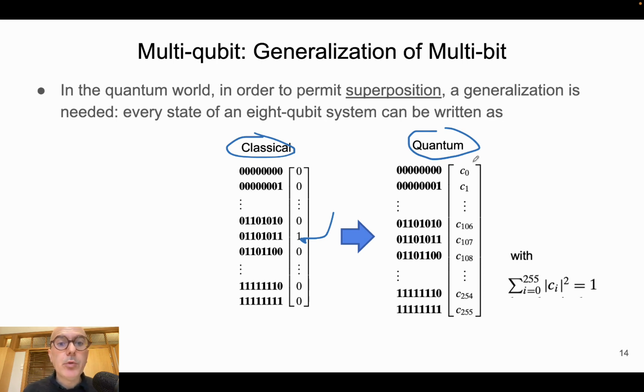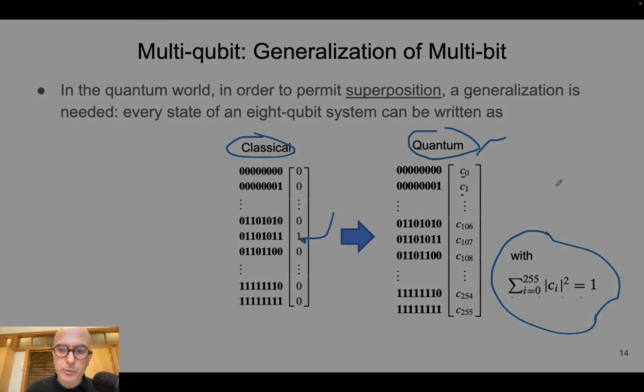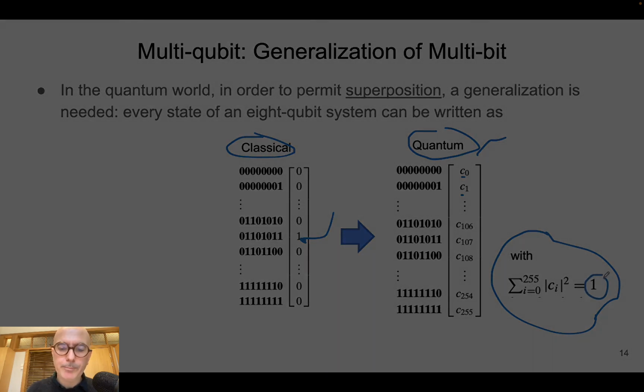So in the quantum world, in order to permit superposition, we need this generalization. Every state of the 8-qubit system can be written as a column vector, where each element is nothing else than a complex number. Remember that we will need this normalization, because these numbers need to represent probabilities, so we need to be sure that the sum of the squared norms is equal to 1. This is the last slide, and talk to you soon.